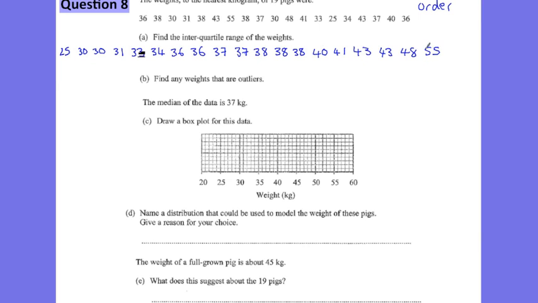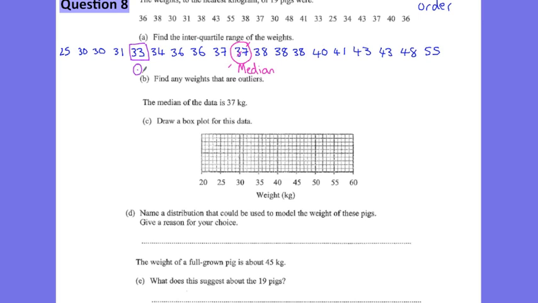Excellent. We have an odd number, therefore we only have one number in the middle. The number in the middle is here, 37. This is the median. To be able to find the upper and lower quartiles, we will cross this number, ignore it, and find the middle here. Looking at our numbers here, the middle number is 33. 4 numbers below, 4 numbers above.